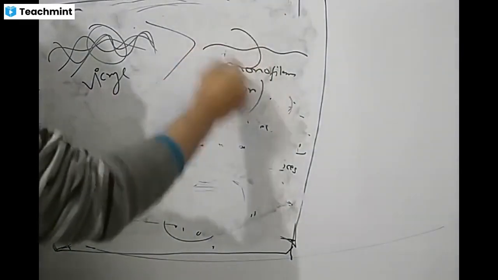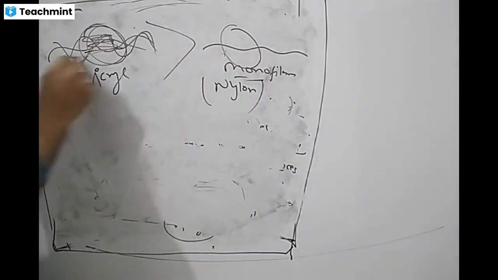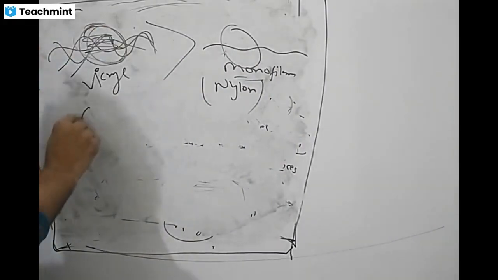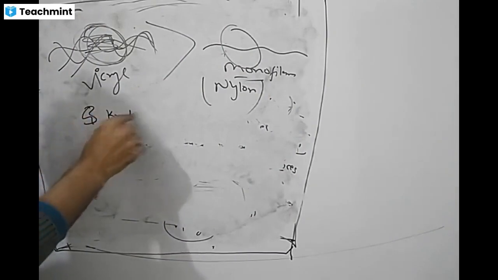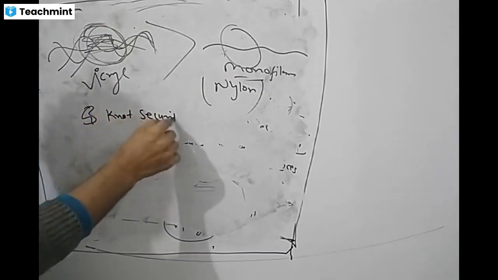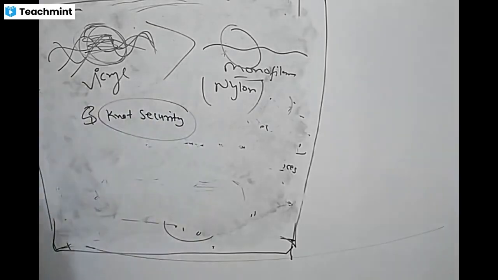Monofilament has poor knot security, because knot security is a feature of the friction between these fibers. So these fibers provide better knot security. And silk has very poor knot security.